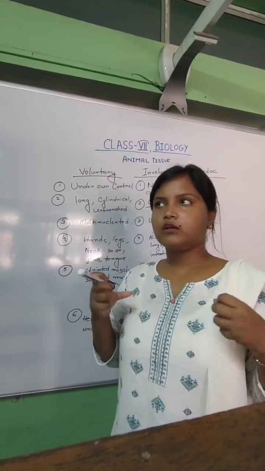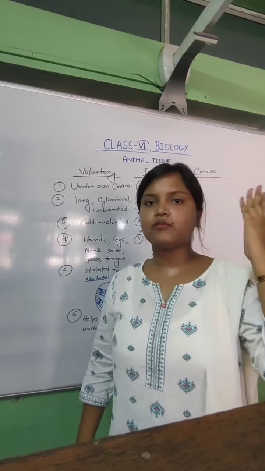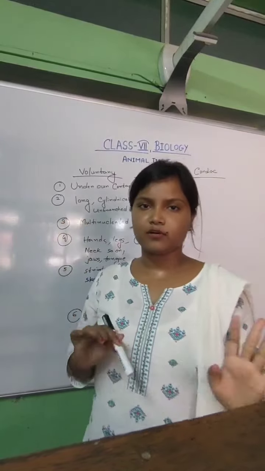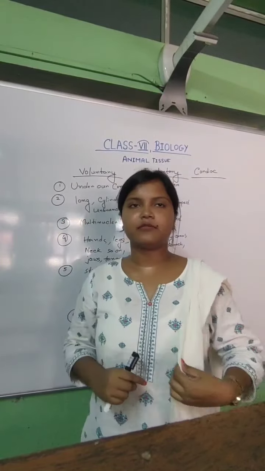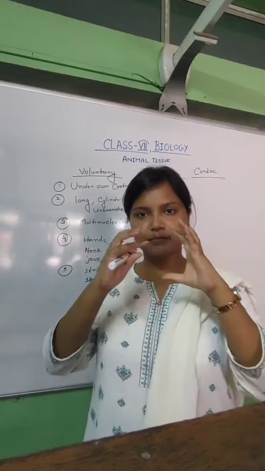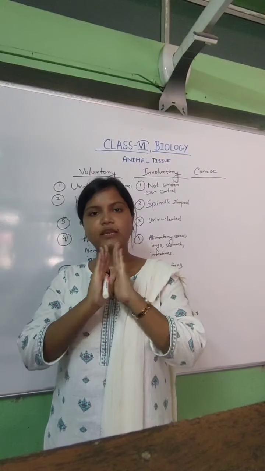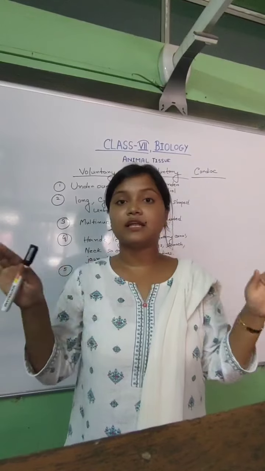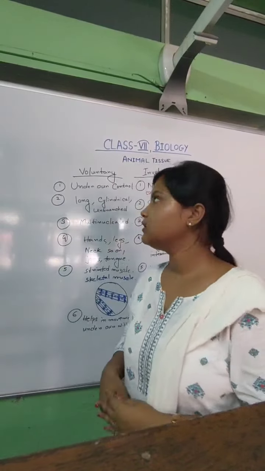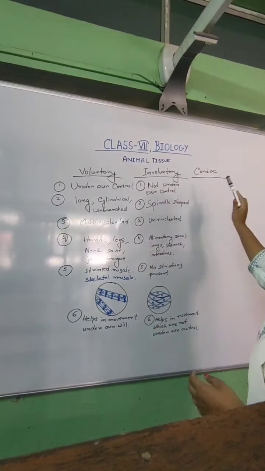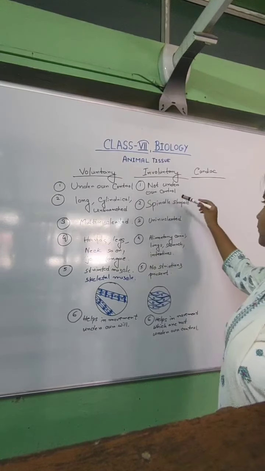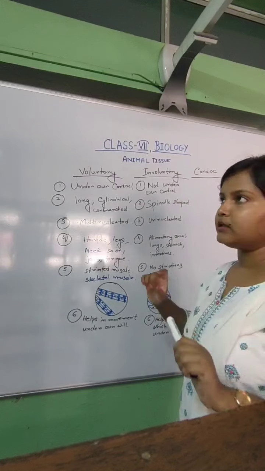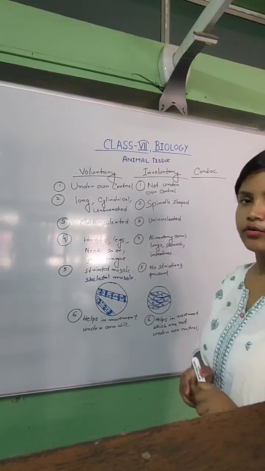Biologically, the heart is only concerned with pumping blood all over your body. It has no other functions. So function wise, cardiac muscle resembles involuntary muscles. That is not under your control.